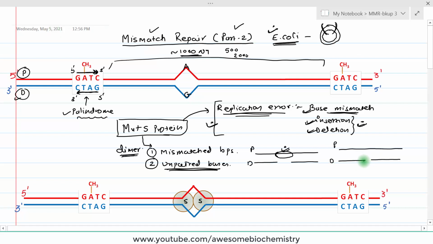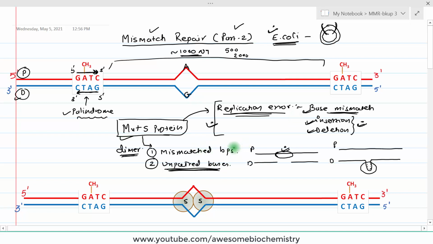And we had seen in the previous video that whenever an insertion type of replication error occurs, there is a formation of a loop, and in this loop are the extra inserted bases. So this loop has unpaired bases. These bases are not paired with any other bases. So this is also identified by MutS protein by its unpaired base identification capability.